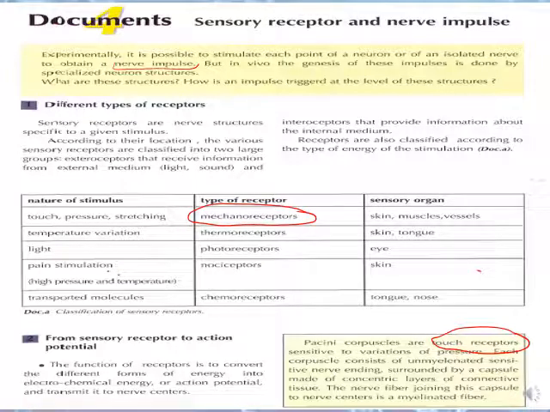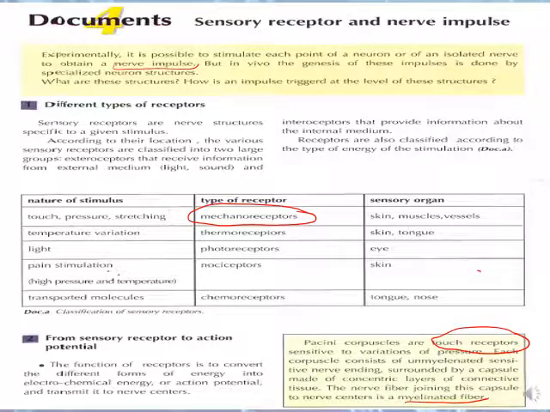Okay? Each corpuscle consists of an unmyelinated sensitive nerve ending surrounded by a capsule made of concentric layers of connective tissue. The nerve fiber joining this corpuscle to the nerve center is a myelinated fiber.